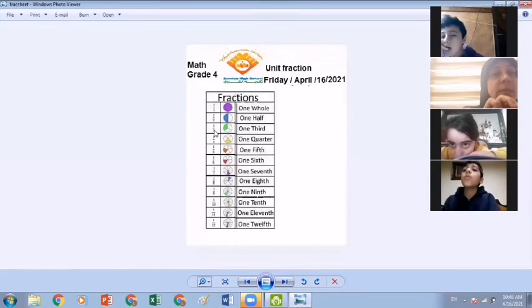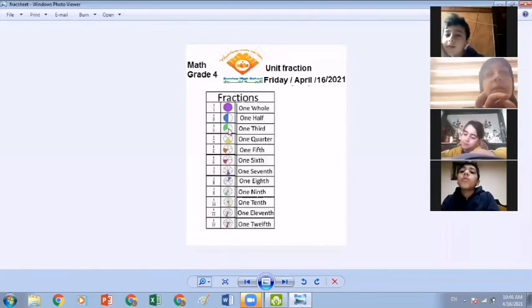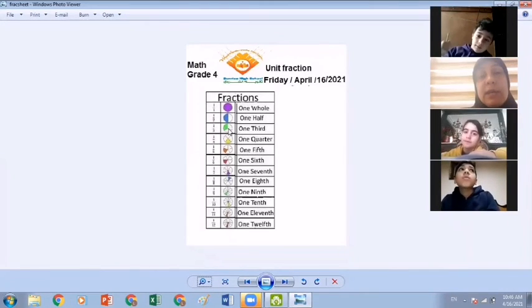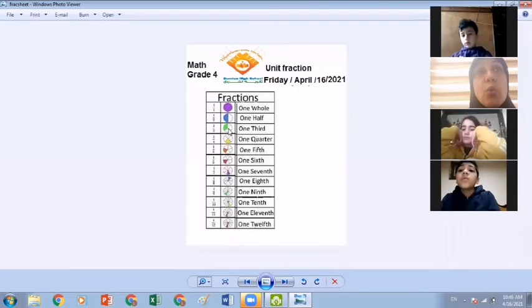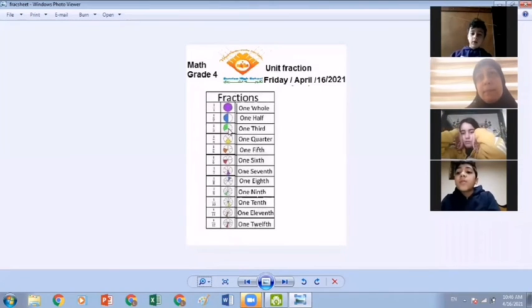1 over 3. The shaded part is 1 from 3. The green part represents 1 out of 3. We name it 1/3.